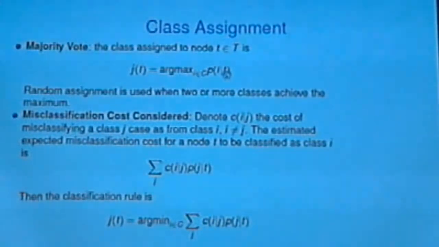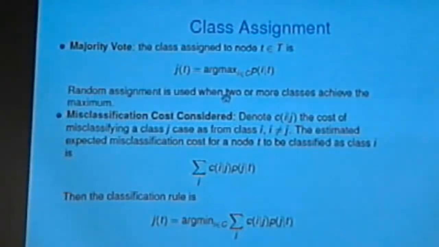Remember, that's a posterior probability. They maximize that. And random assignment is used when two or more classes achieve the maximum. You can use that, or maybe pick the convenient one. I think it's best to allow some randomness if ties occur.